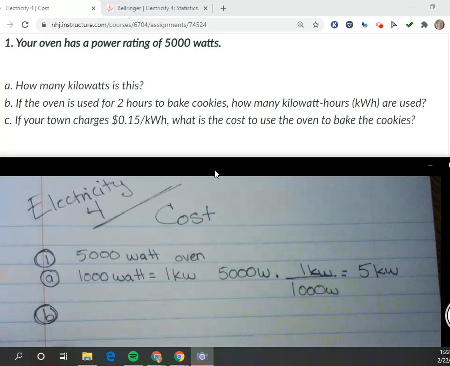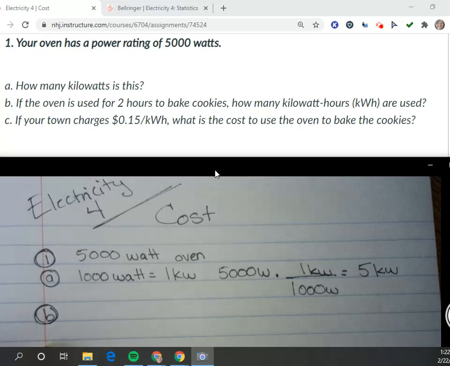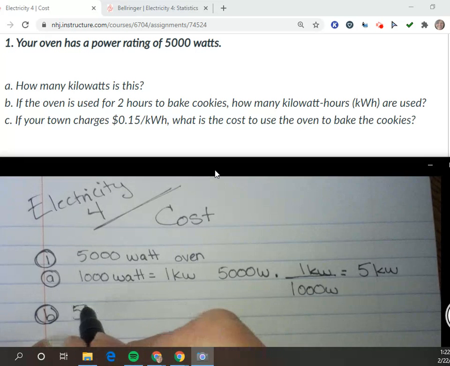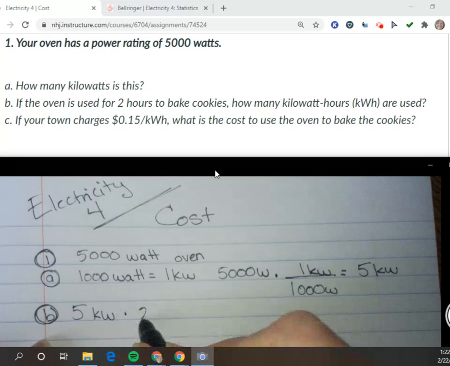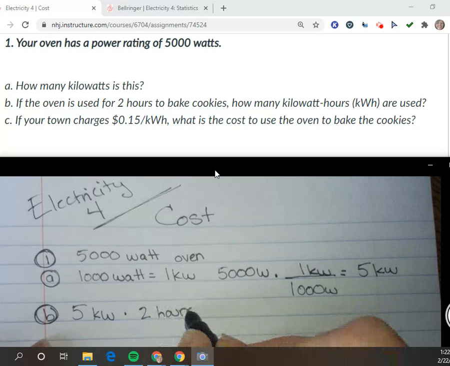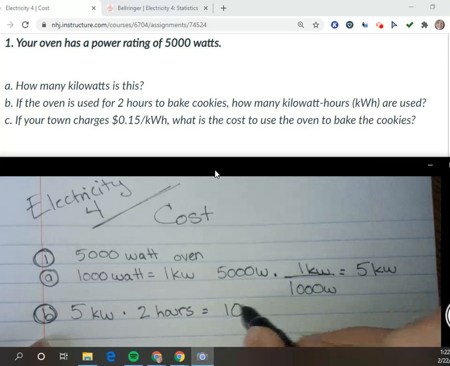If the oven is used for 2 hours to bake cookies, how many kilowatt hours are used? Okay, so I have 5 kilowatts times 2 hours. That equals 5 times 2 is 10.